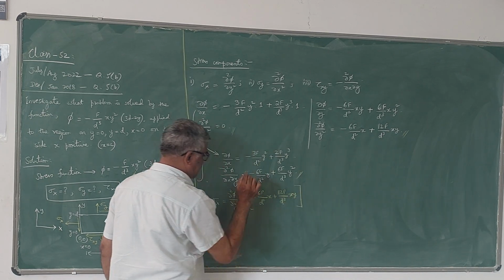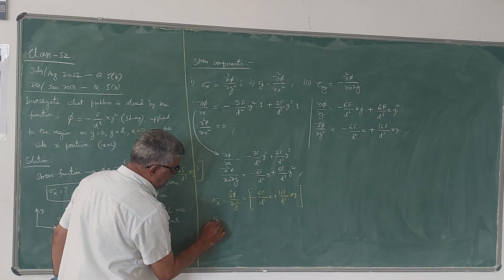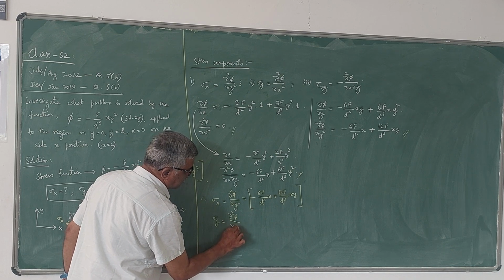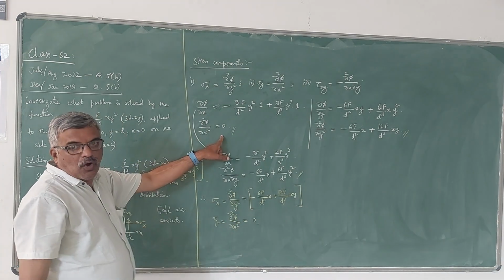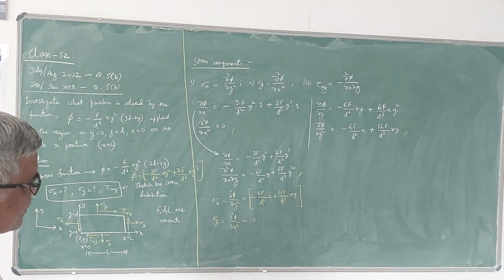This is sigma x. It is a function of x and y. Sigma y will be dou square phi by dou x square, which is 0. There is no sigma y here. There is no stress in y direction.